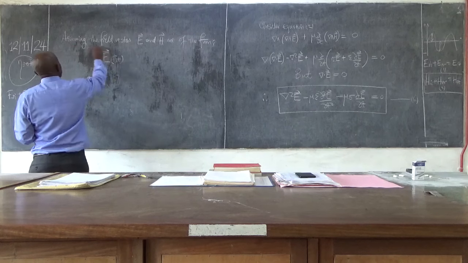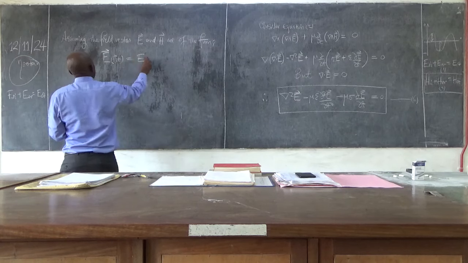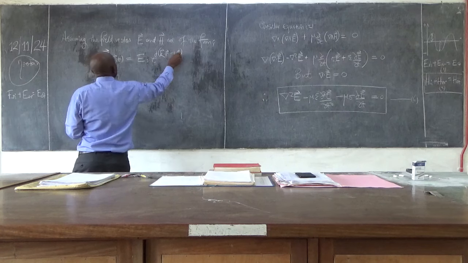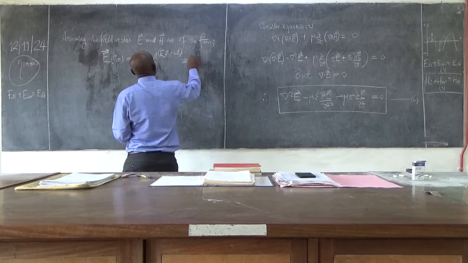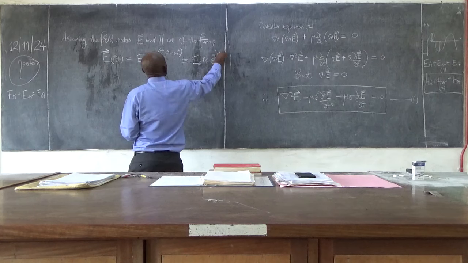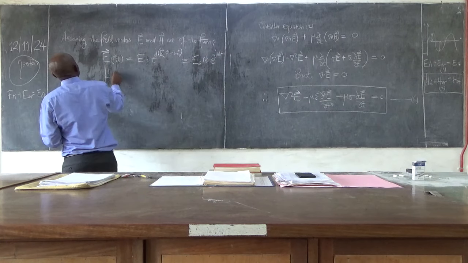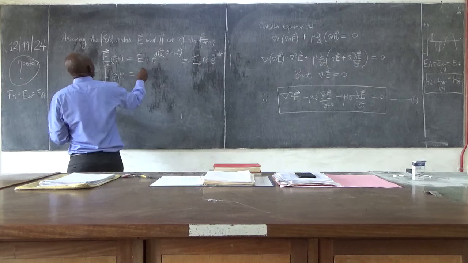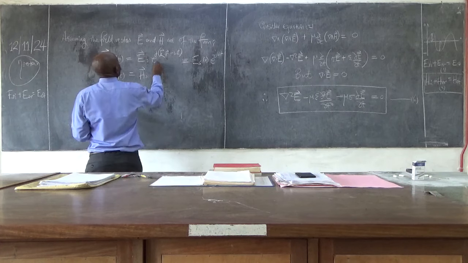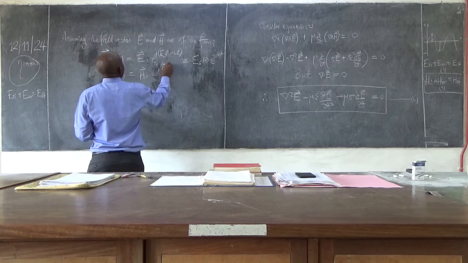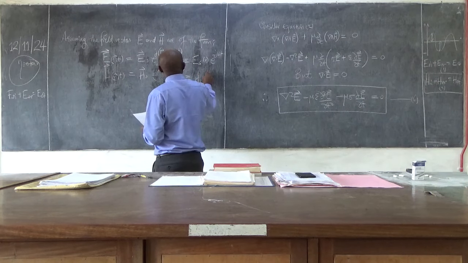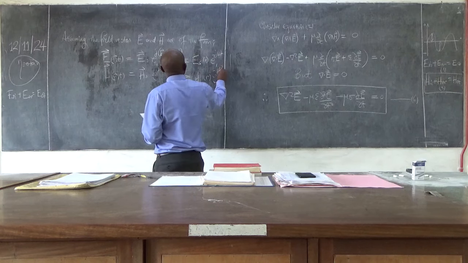E(r,t) equaling to E₀ exponential j(k·r − ωt), which was equivalent to E_s(r) exponential −jωt, and then H(r,t) equals to H₀ exponential, this is a vector, exponential j(k·r − ωt), which is equivalent to H_s(r) exponential −jωt.